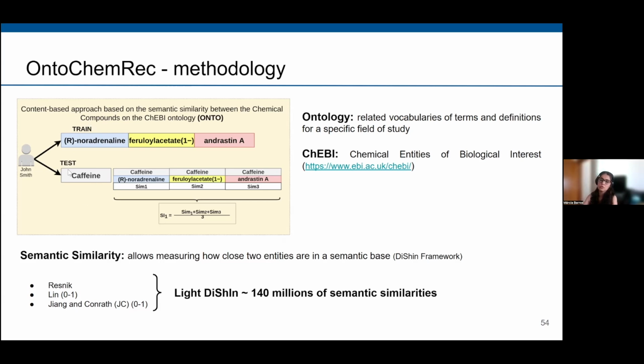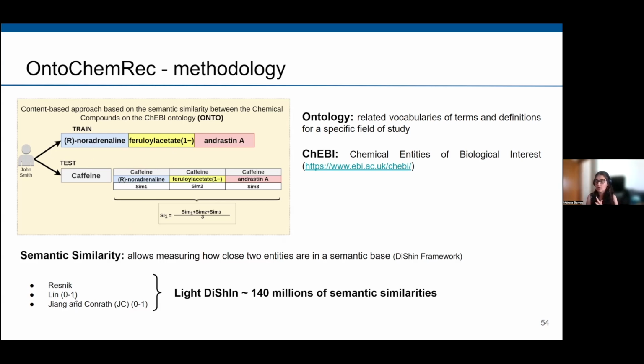But now the algorithm wants to see if caffeine would be a nice chemical compound to recommend to this user. So we calculate the semantic similarity between caffeine and each one of the entities in the training set. In this case, we used three different metrics: Resnik, Lin, and Jiang and Conrath.